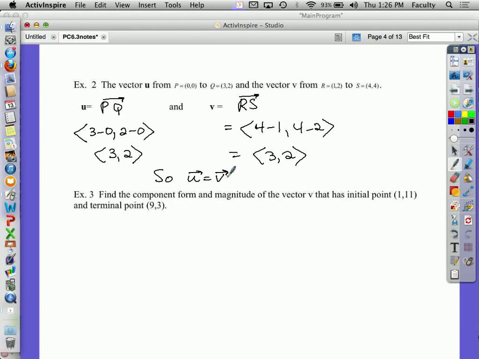In example 3, it says find the component form and magnitude of the vector that has initial point 1, 11 and terminal point 9, 3. All right, component form means, okay, this is new vocabulary for us. We just defined it. Component form means that you're taking the vector and you're sliding it so its initial point is at the origin.